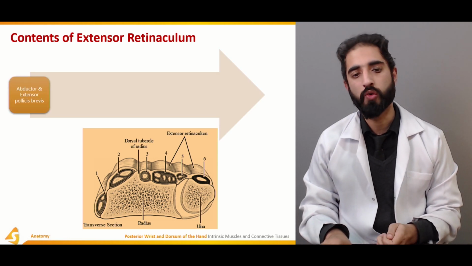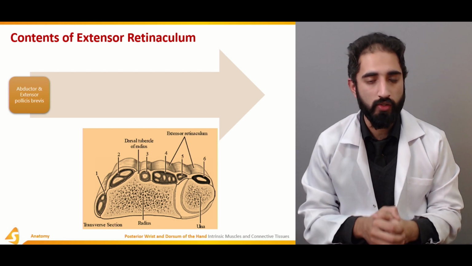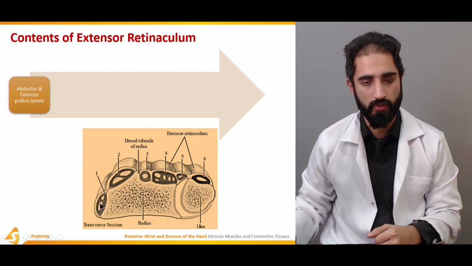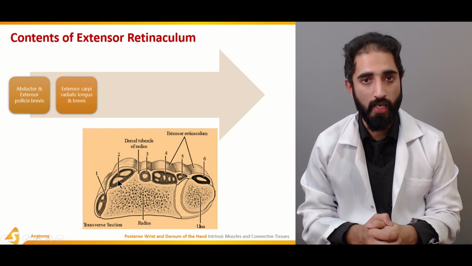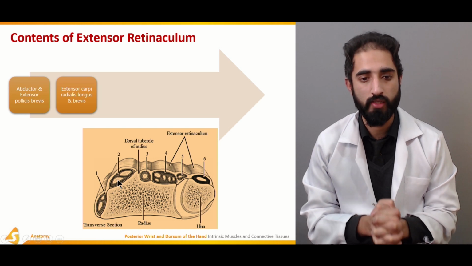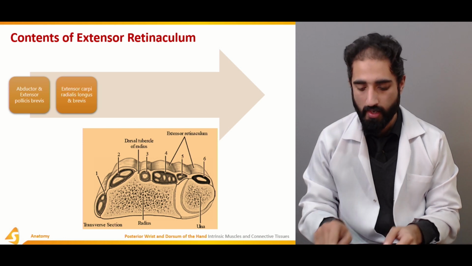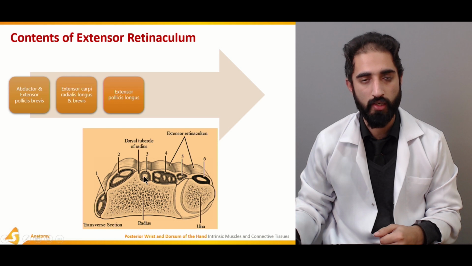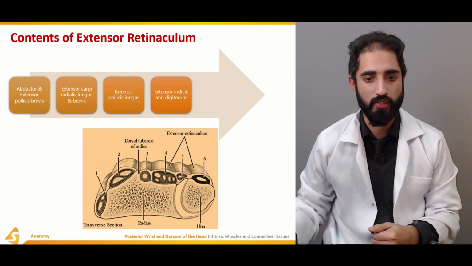Those tendons include, most laterally, the abductor pollicis longus and the extensor pollicis brevis. Number two is the extensor carpi radialis longus and the extensor carpi radialis brevis muscles. The third is the extensor pollicis longus. Then we have the extensor indicis and the extensor digitorum.